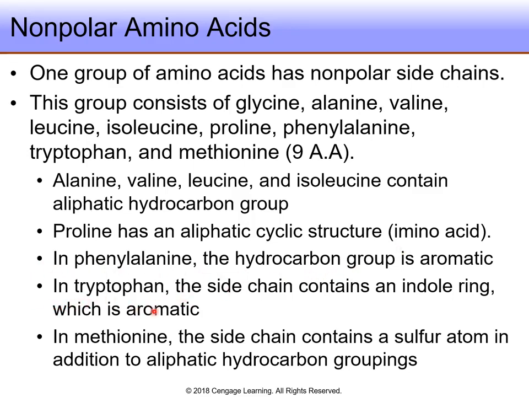In tryptophan, however, the side chain contains an indole ring, which is aromatic. So both phenylalanine and tryptophan are said to be aromatic amino acids. In methionine, the side chain contains a sulfur atom in addition to aliphatic hydrocarbon groupings.